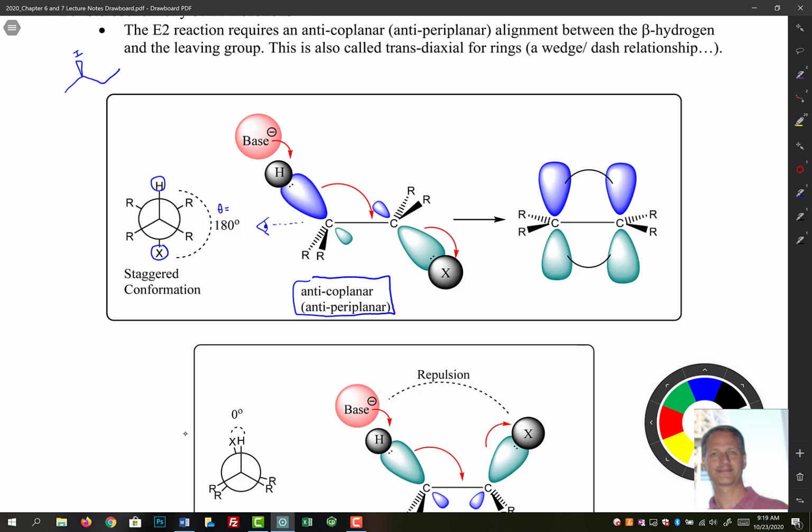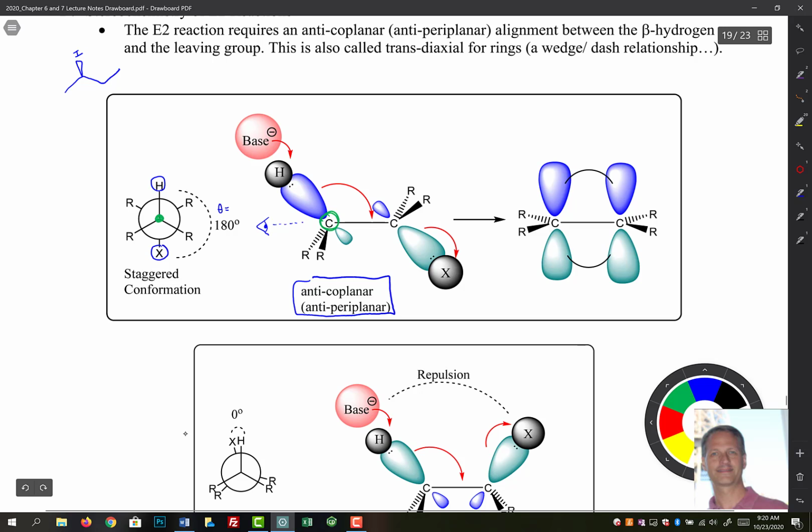But in this Newman projection, let's see what else is 180 degrees from each other. If we look at this carbon in the front right here, remember that carbon is this bulleted carbon, and then we have these R groups. I want to label these things.